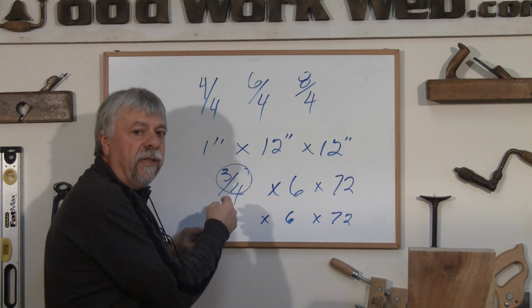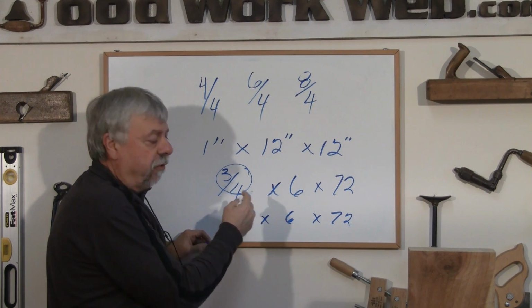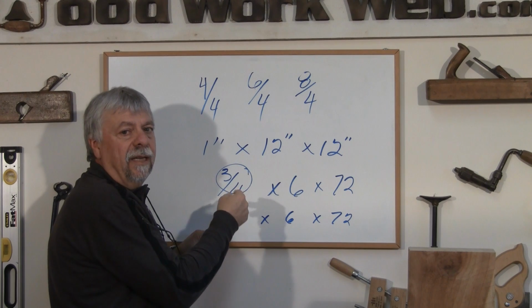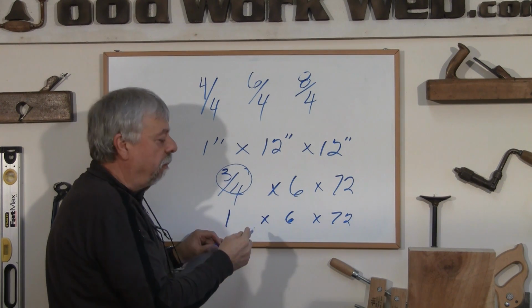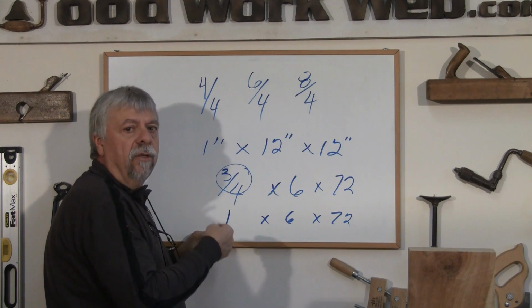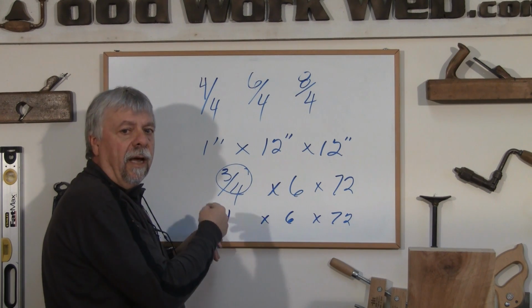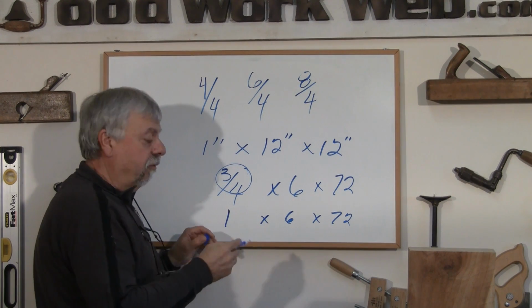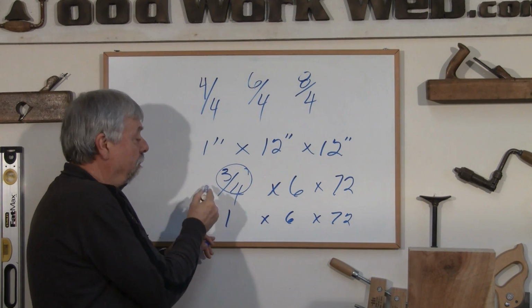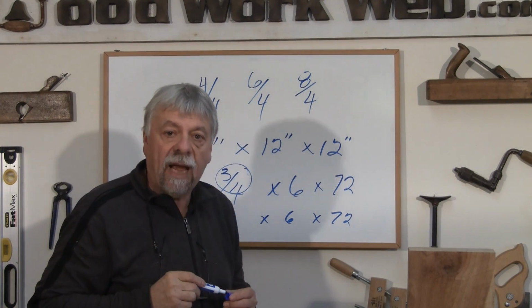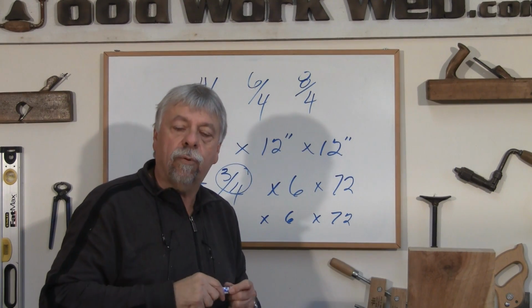If they are pricing it by 3/4 by the length and the width, then it's a little bit of a mock number, because they had to buy that lumber as 1 inch, kiln dry it, plane it, and sell it as dressed lumber. So that wood has gone off. So a place can price it either way, and it's up to you to ask them how they're pricing their lumber.